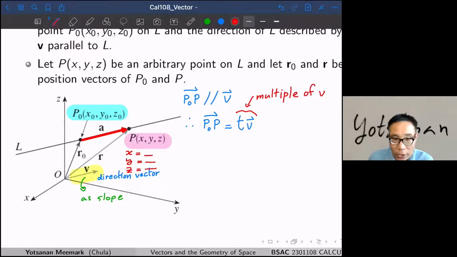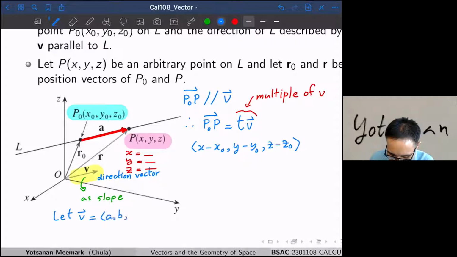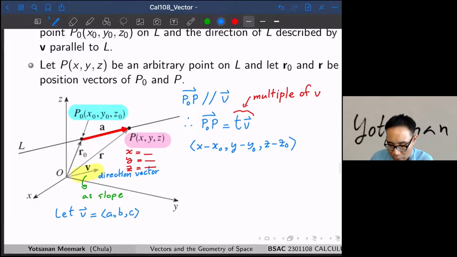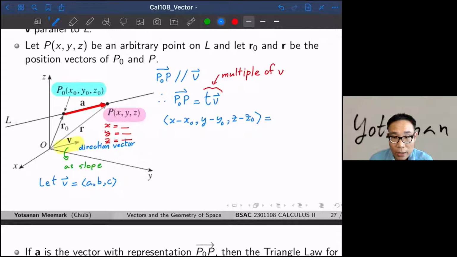The vector P0P is x minus x0, y minus y0, z minus z0.